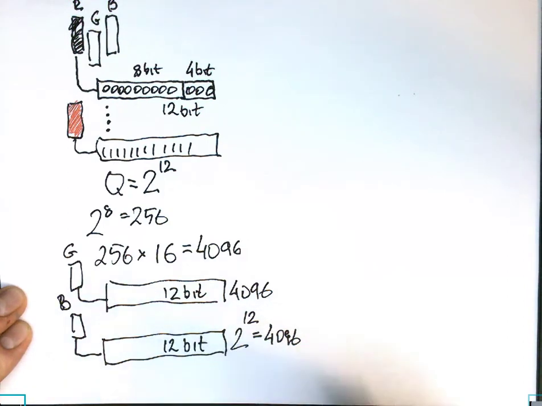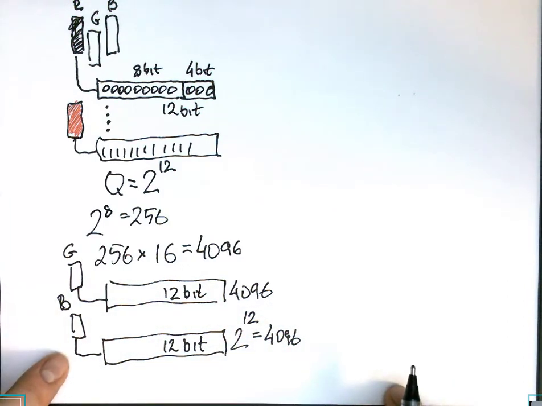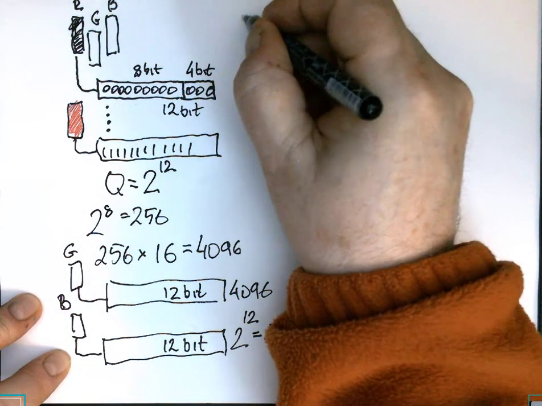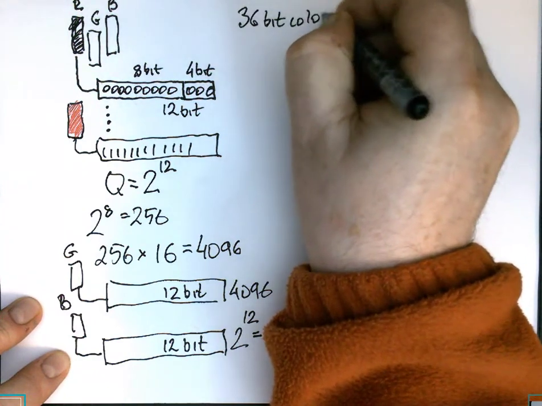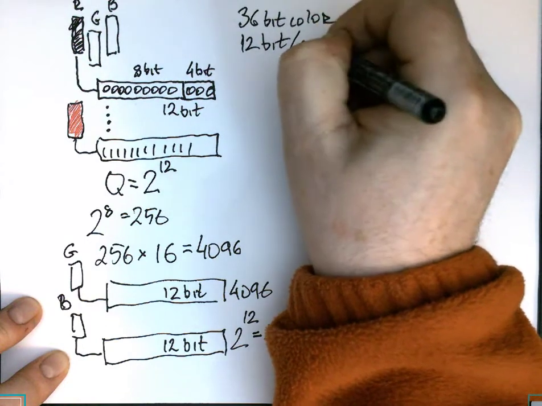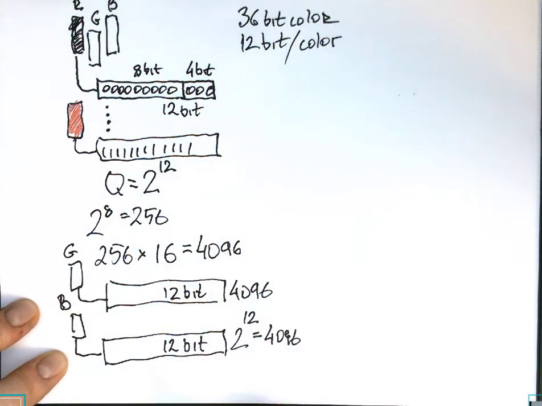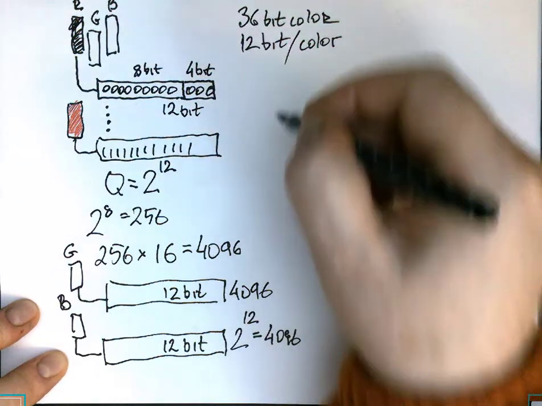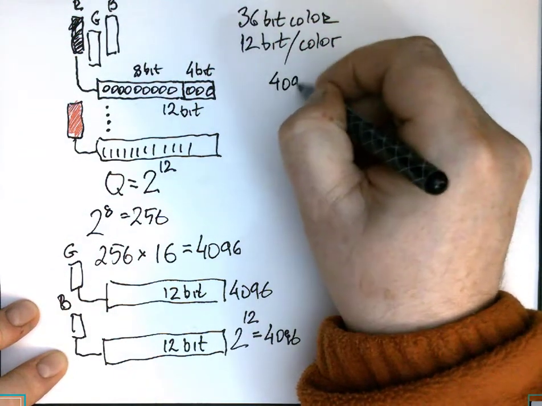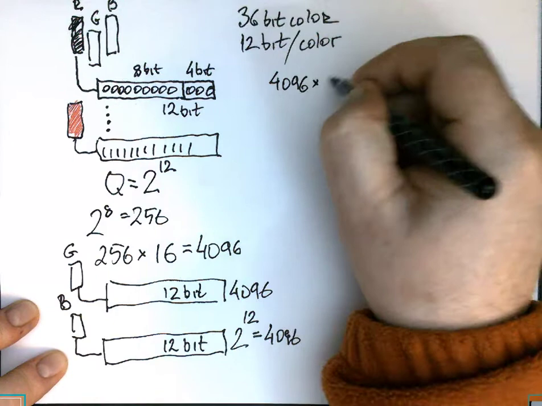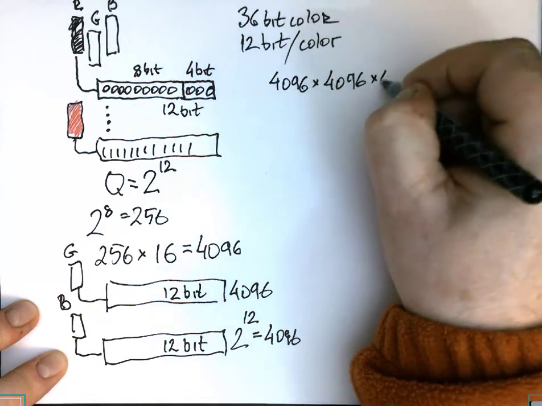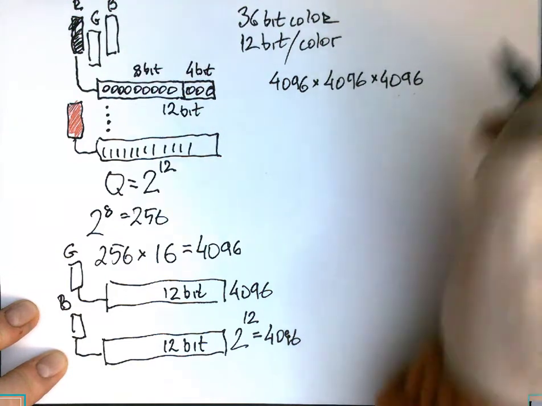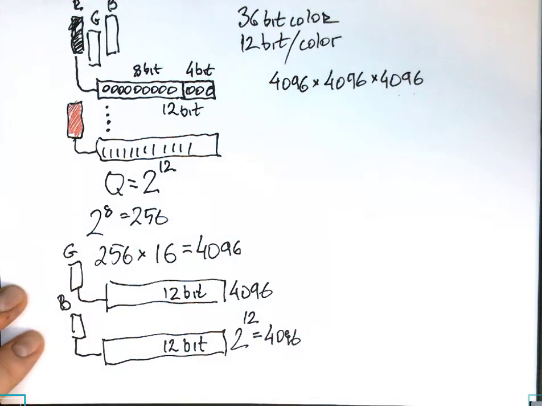And I will tell you folks that when you buy a digital camera, you need to watch the specification. If the specification says that this is 36-bit color, or 12-bit per color component, that will be a good camera. So now we need to multiply 4096 for red, multiplied by 4096 for green, multiplied by 4096 for blue.